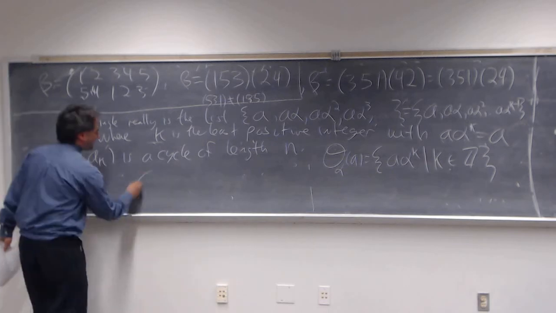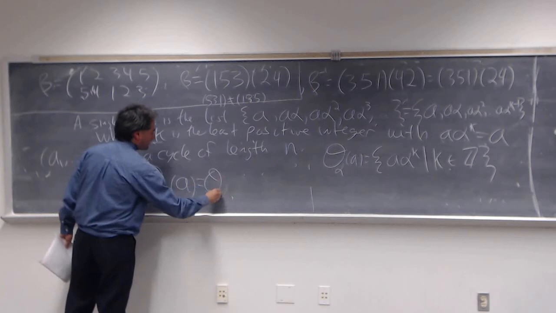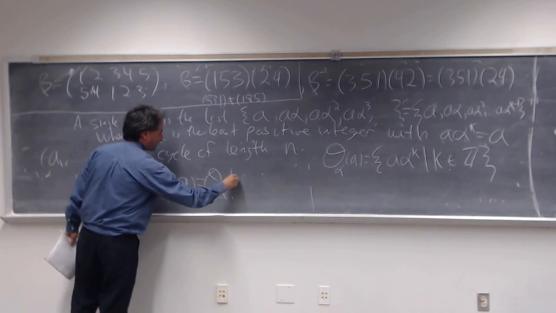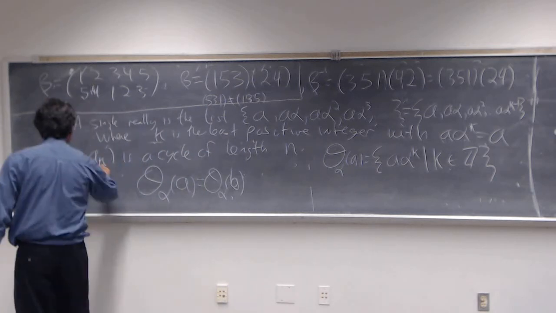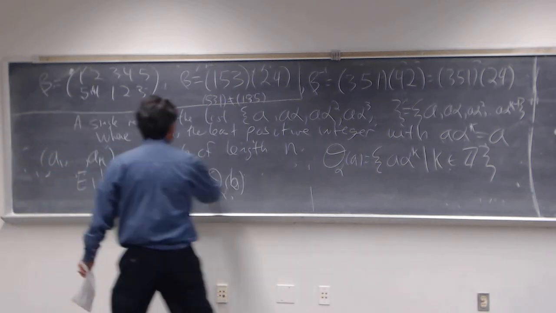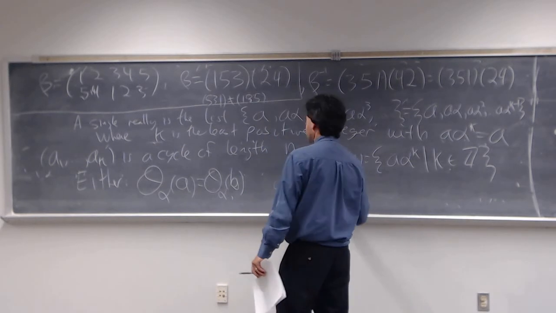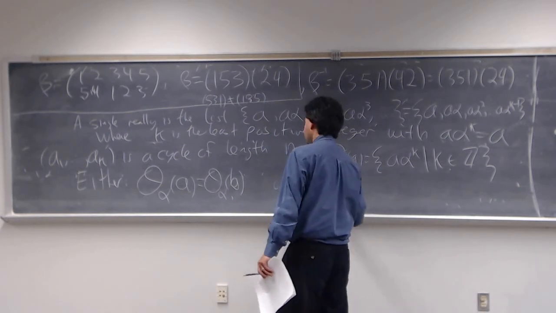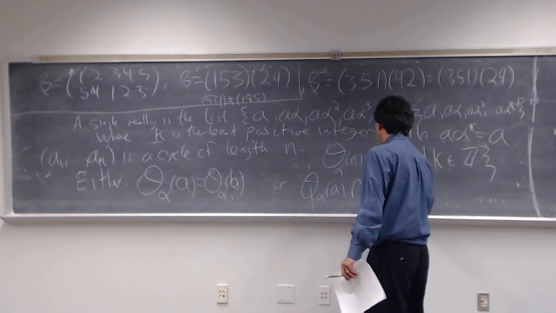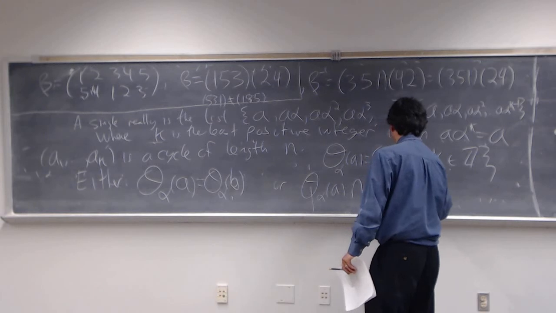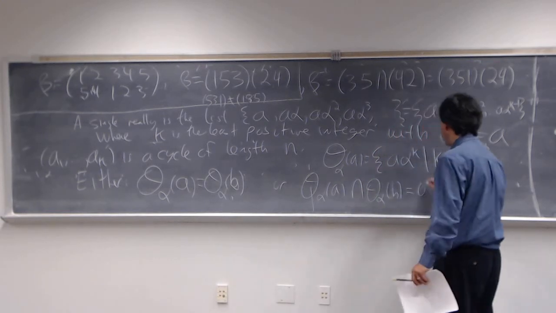Let me just say this kind of fact: if you look at two orbits for two different elements under the same permutation, either the two orbits, which are cycles, are the same, or the two orbits have nothing in common.